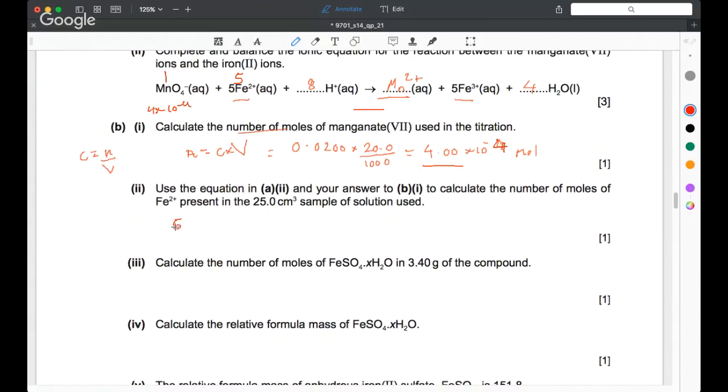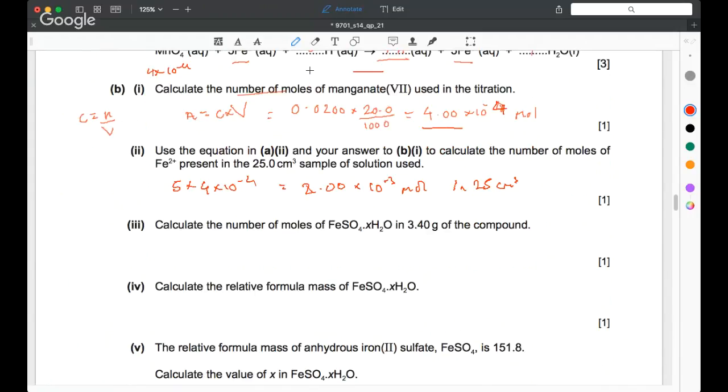So you've just got to do a little bit of a calculation. 5 times 4 times 10 to the minus 4. That was the number that we had up there. And that's going to give us 2.00, I'm going to keep going with 3 significant figures so I don't lose precision, times 10 to the minus 3. And we're talking about an amount, so that's units of moles. And that's the number of moles in 25 centimeters cubed, because that's what we were using in the titration earlier on.